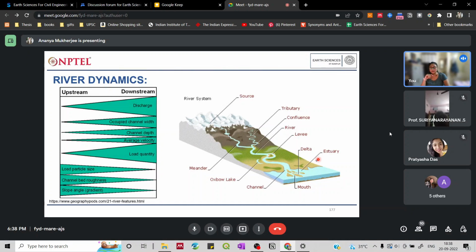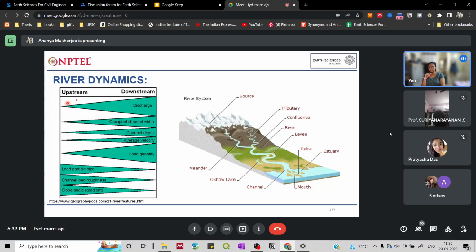And then in the later part where you have the delta, the rate of flow is very slow, and most of the bigger depositional features that we see, like the delta, happen near the mouth of the river. Over here, when you say upstream and downstream, the upstream would be this area and the downstream would be this area.